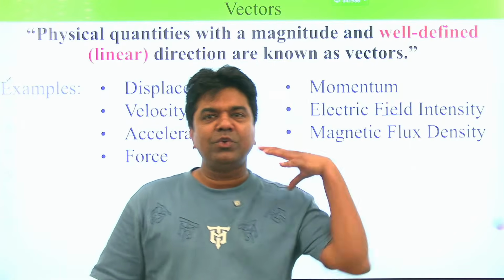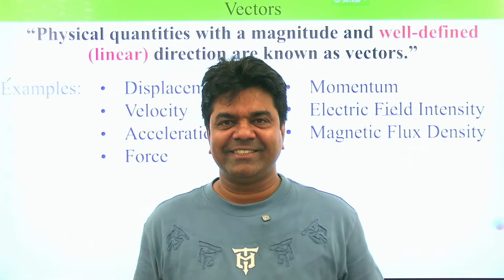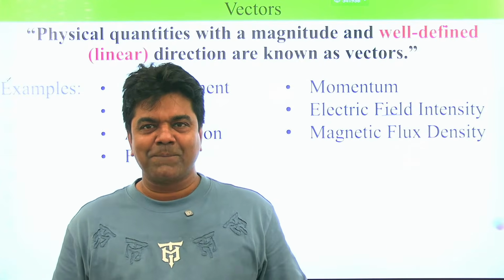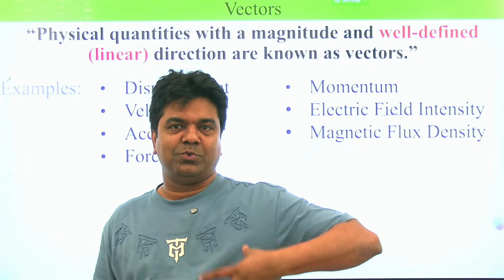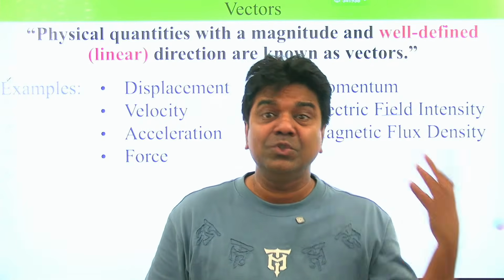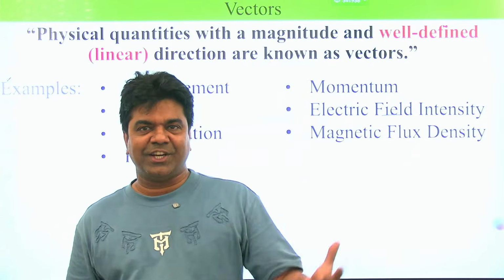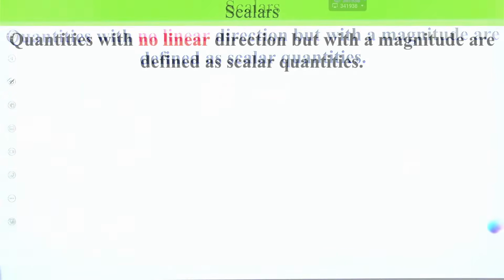You have to define a proper linear direction to understand it. So to analyze, to add, to deal with it, to learn comprehensively, sometimes we need to consider the direction of the physical quantity.